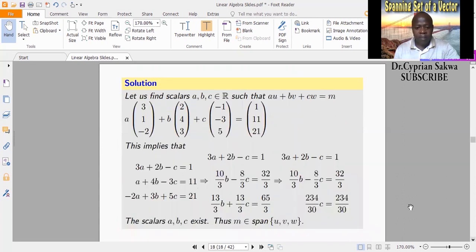So I did it, and I discovered that the scalars exist, and therefore it's possible to write M as a linear combination of these other vectors, and therefore M belongs to this span.